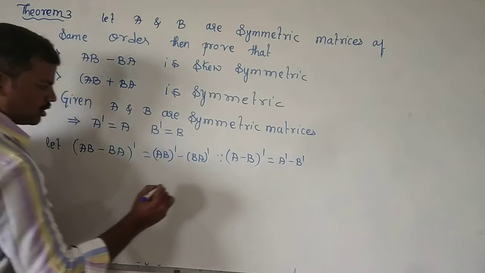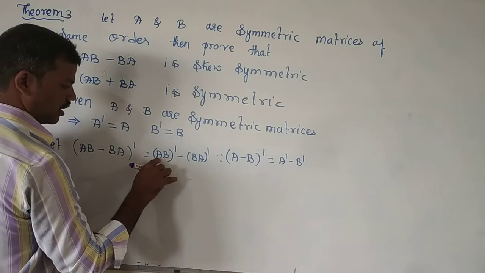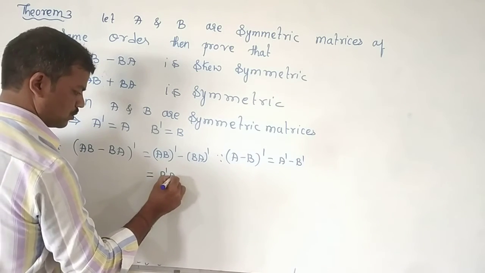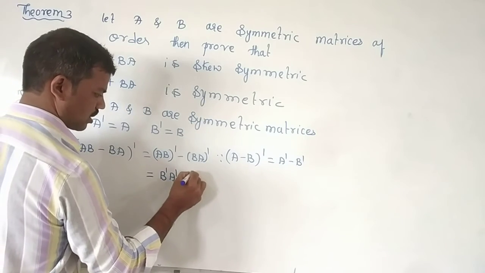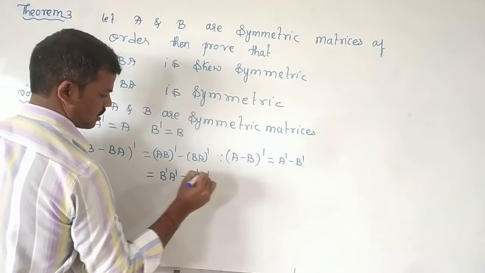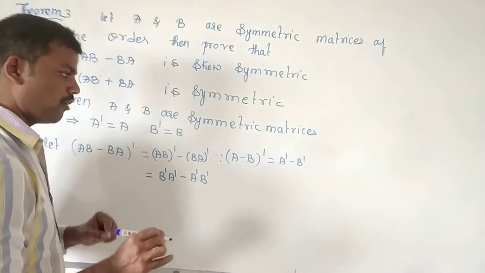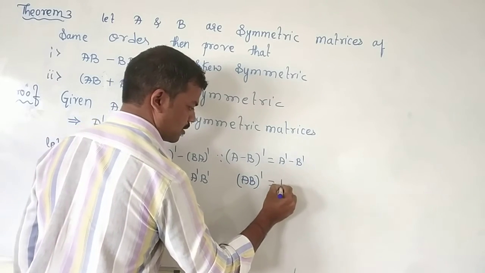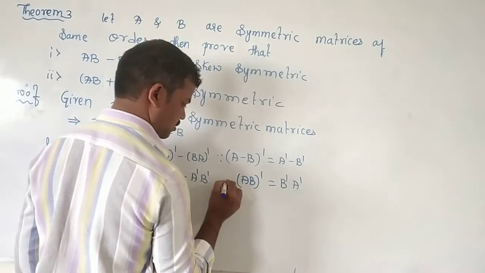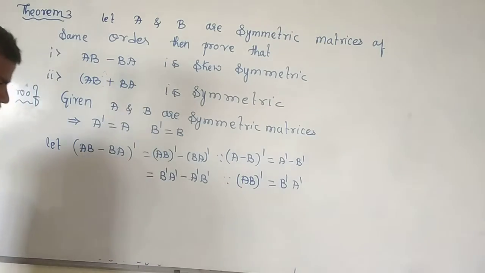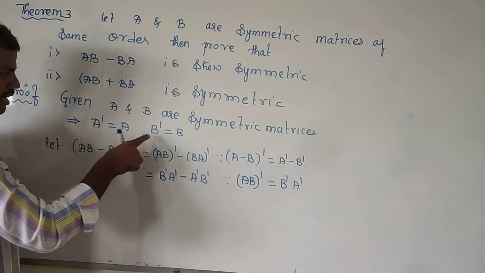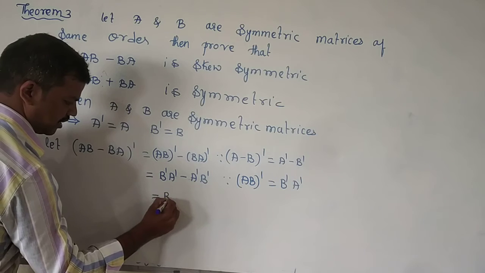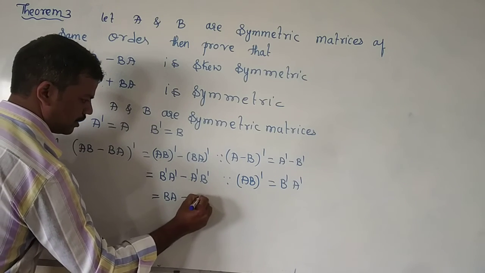Another property is that (A into B) transpose is B transpose into A transpose, by the reversal law. Here B transpose is B and A transpose is A. Let me substitute: B into A minus A into B.